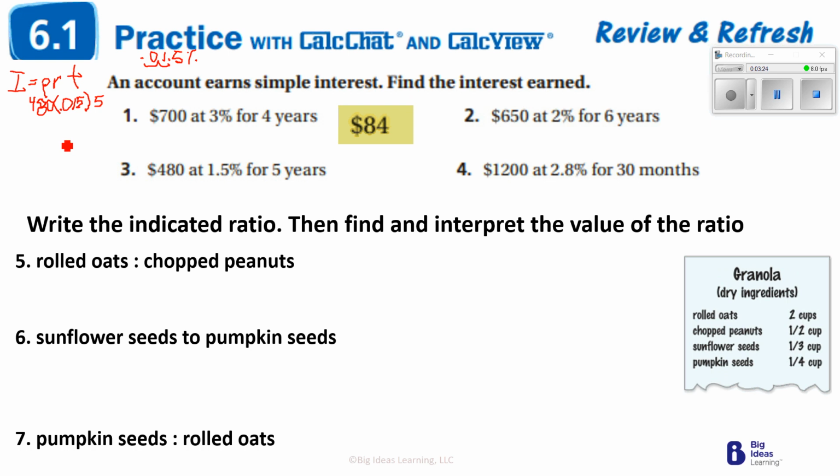All right, I'm going to do the math over here because it's going to be a little bit harder. 480 times, well, we'll just go 0.015. In fact, let's just do the 5 first because we'll deal with that decimal later. So I'm multiplying 480 times 5 this time. And leaving the 0.015 for later. So times 5.